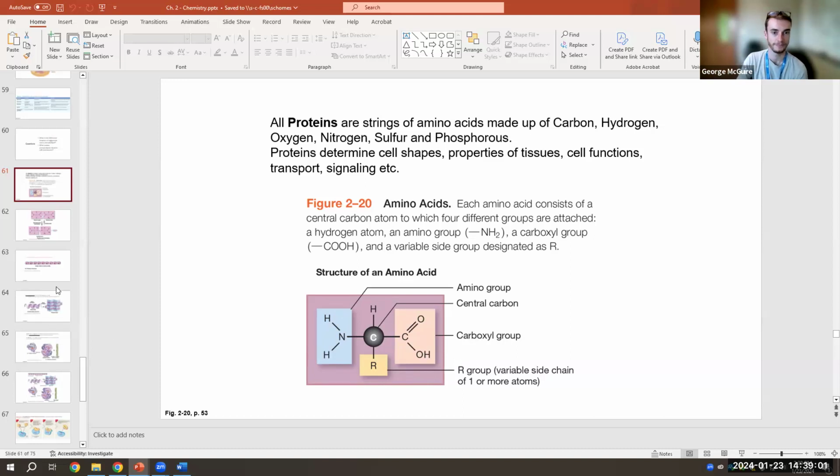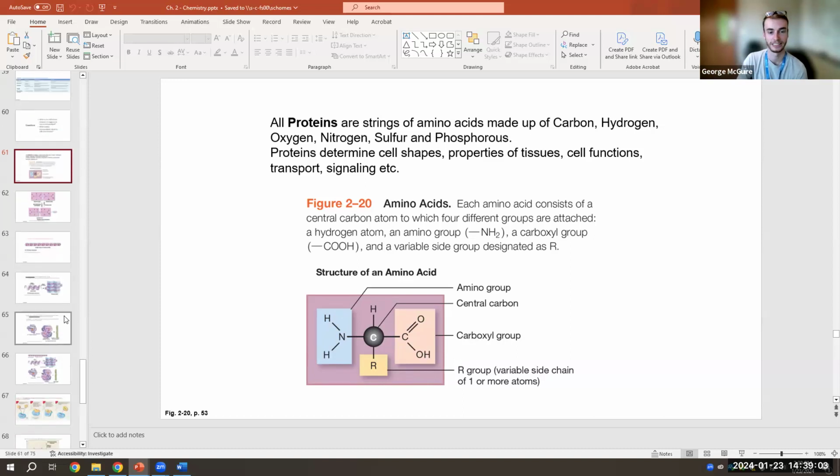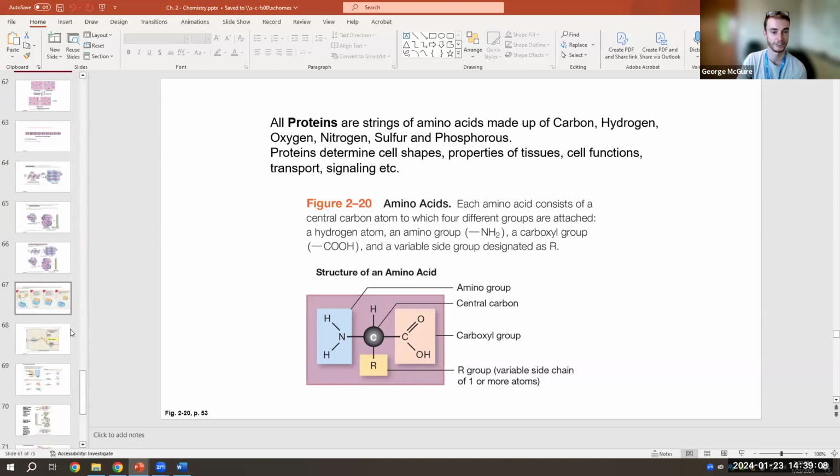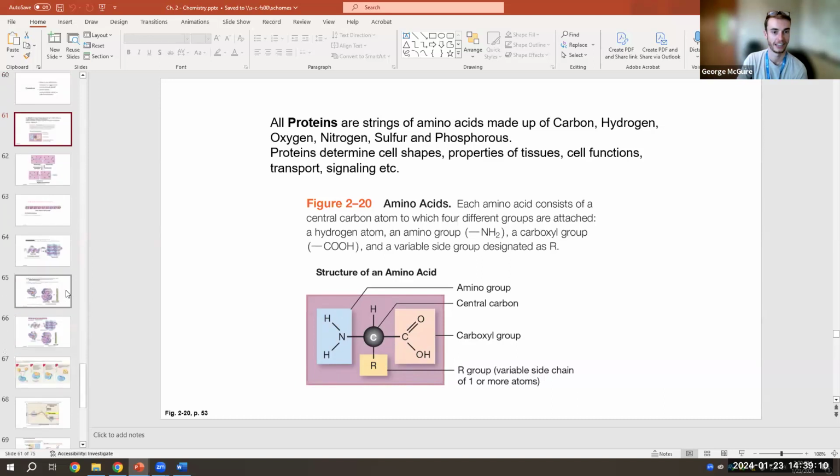And I don't have a table in this slide deck showing each of those. So I guess you'll have to take my word for it on that, or I could go find a table if you want to see what those different side chains are. Because we have amino acids that we categorize based on the chemical properties of those side chains. Some of them are polar, or create strongly negative polar molecules. Some create strongly positive polar molecules. Some are neutral.